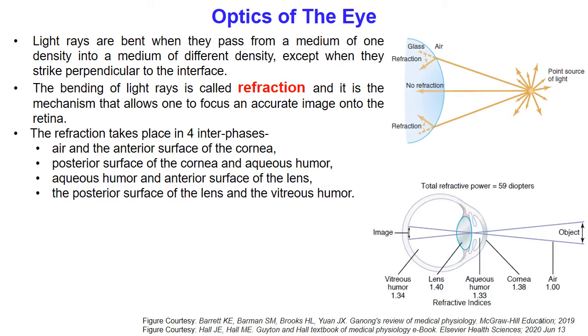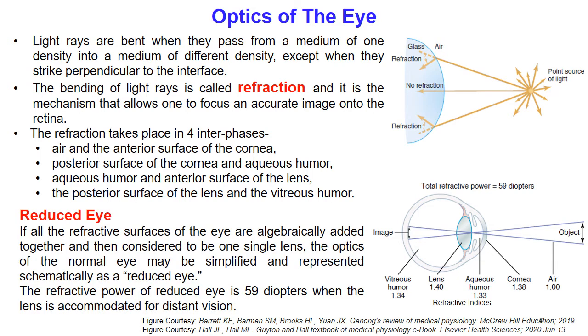The refractive index, which is the ratio between the speed of the light in vacuum and in medium, in case of air is 1, while the refractive index of cornea is 1.38, aqueous humor is 1.33, lens is 1.40 and vitreous humor is 1.37. If all the refractive surfaces of the eye are algebraically added together and then considered to be one single lens, the optics of the normal eye may be simplified and represented schematically as reduced eye.